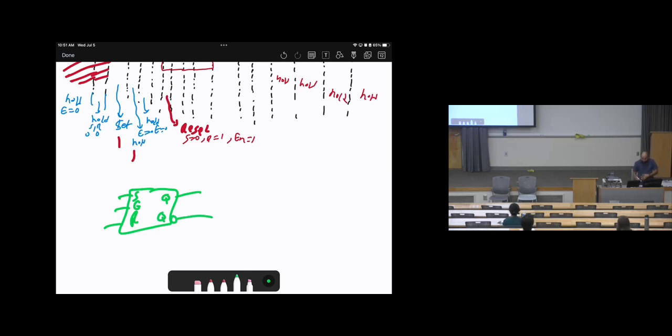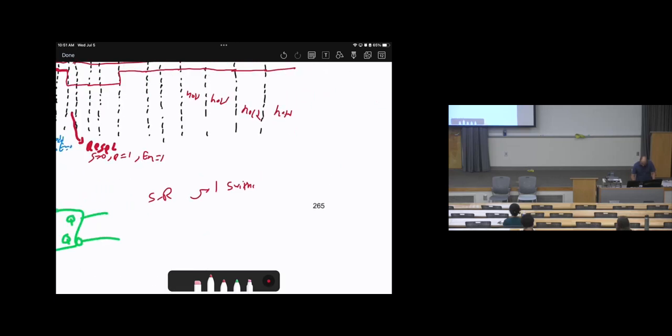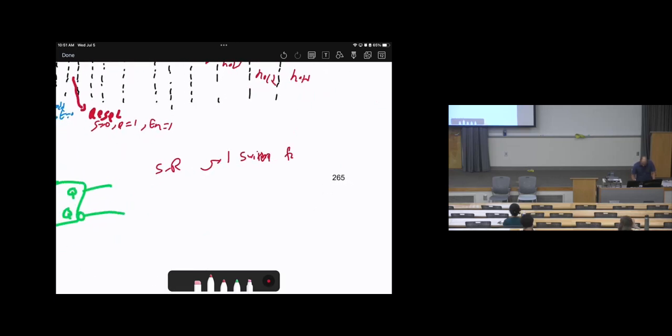So we can say that in the SR latch, there is one switch for set, one switch for reset, and there are two hold states, which is when gate equals 0, we are on hold, or when S and R both are zeros, right?